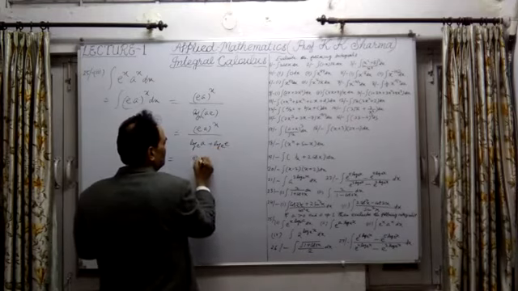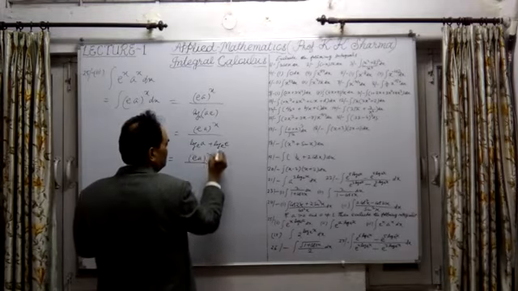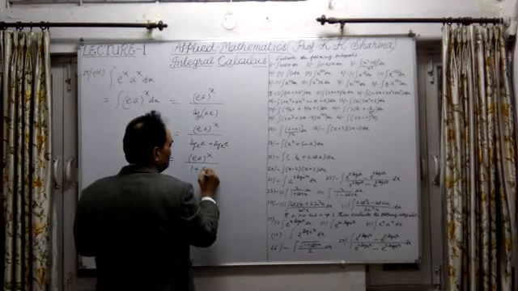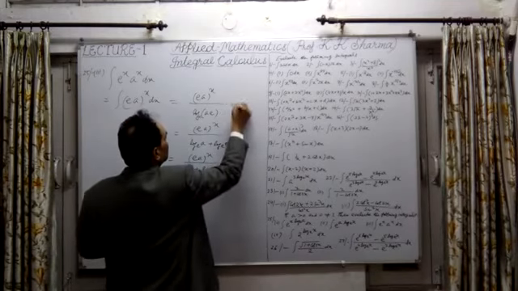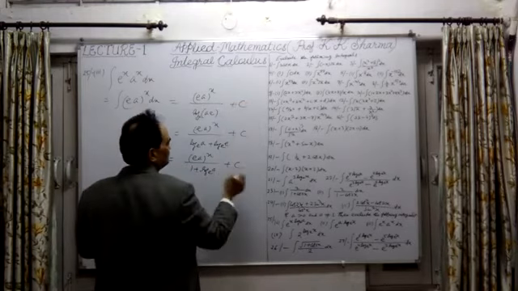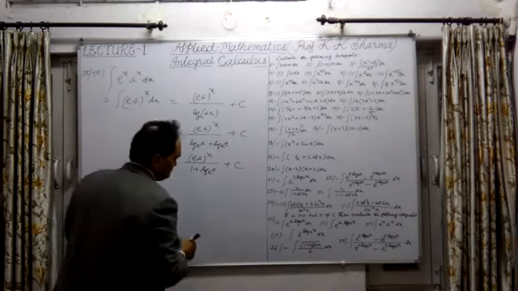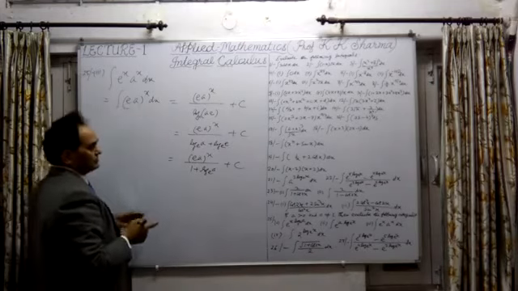So this is equal to (ea) whole power x divided by 1 plus log of a to the base e, plus constant c, the constant of integration. This is the answer here.